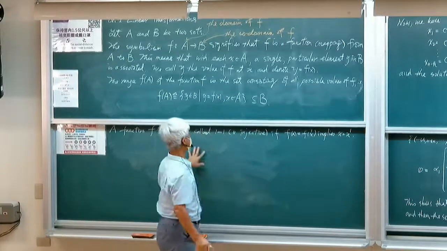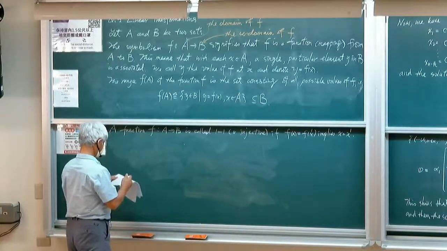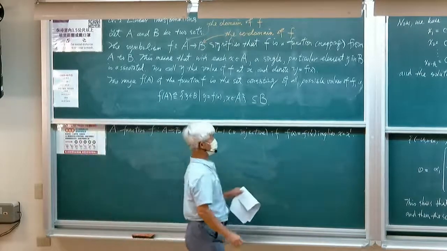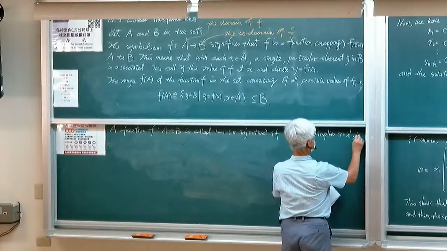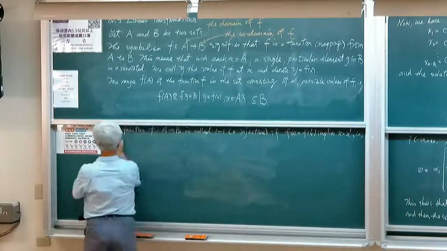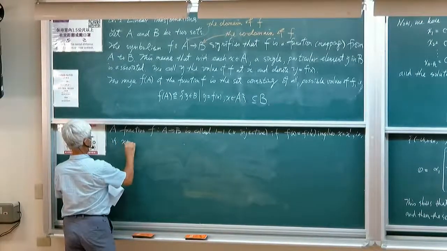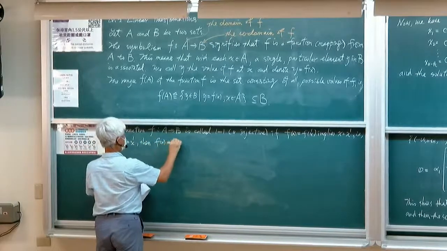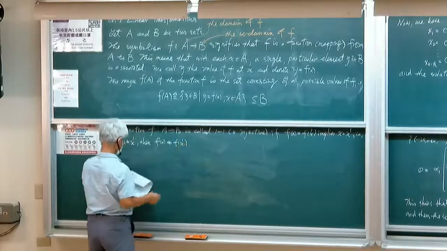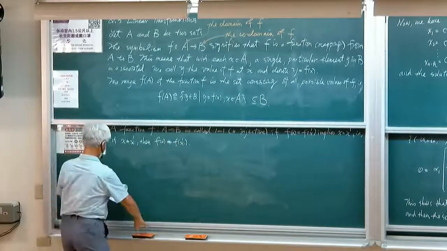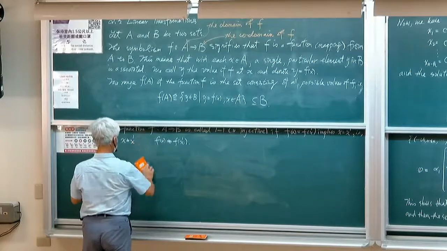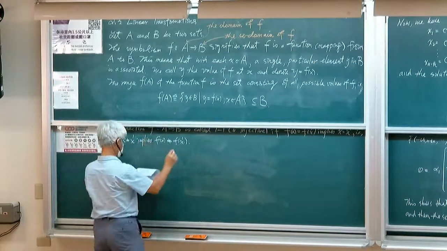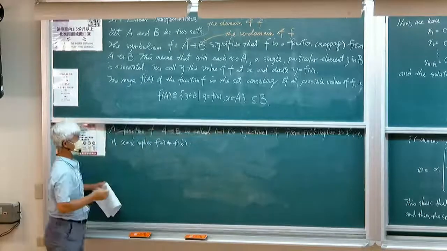It's called one-to-one. The other way to say it is that if x not equal to x prime, then f of x should be different from f of x prime. It's about one-to-one function.